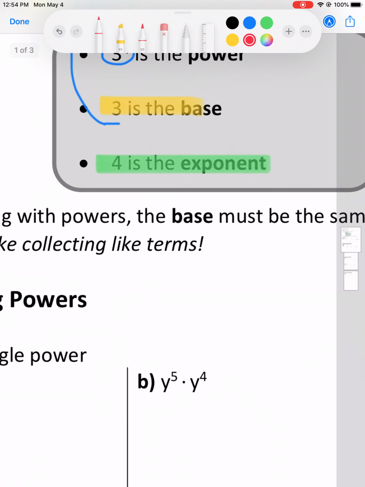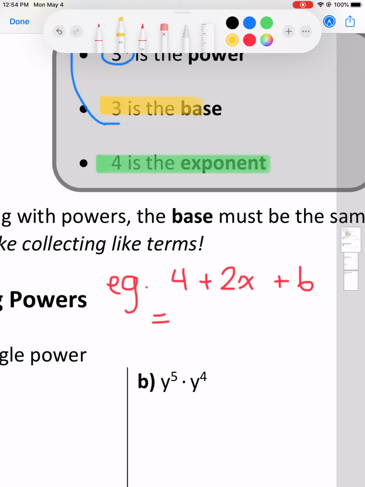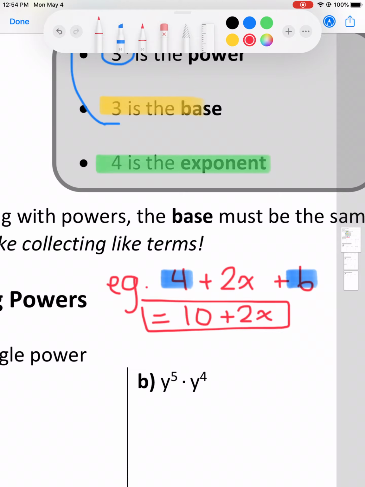If I were to do 4 plus 2x plus 6, we know we put 4 and 6 together because they're like terms. So 4 plus 6 is 10. And 2x, well, there's no other x. So this is the very same idea.